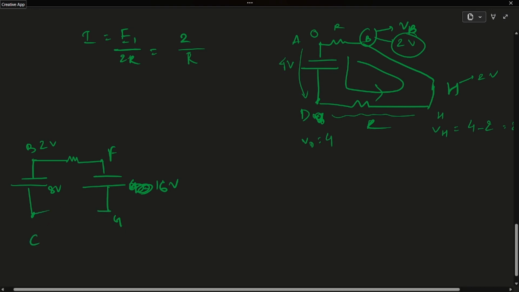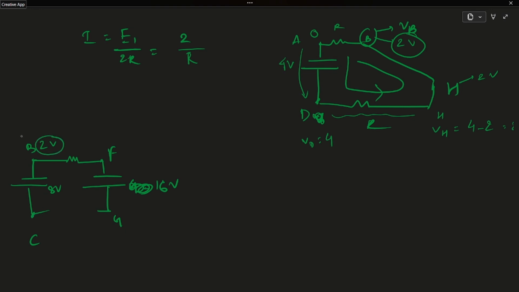This point is C, right? Suppose this is 2 volt at VB. So what will be VC?